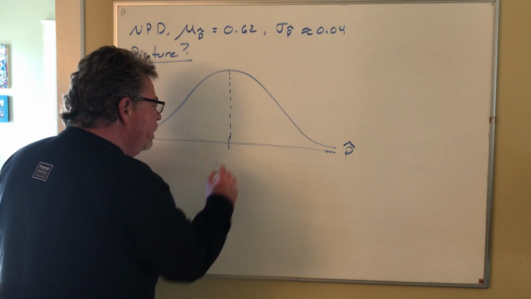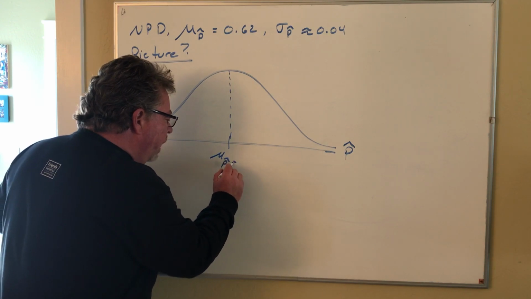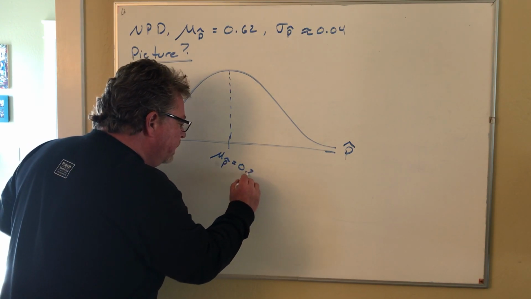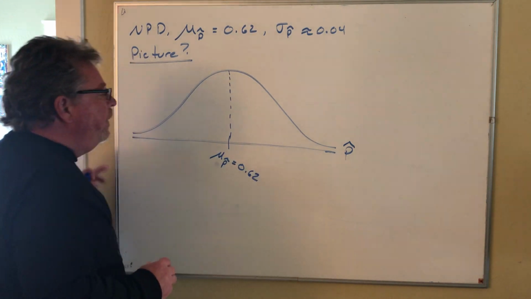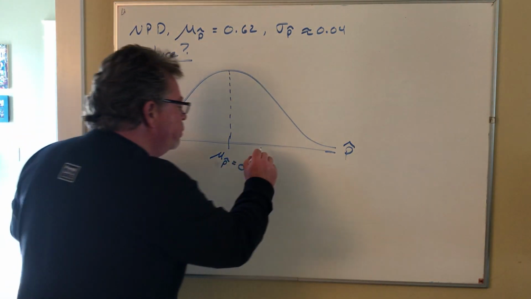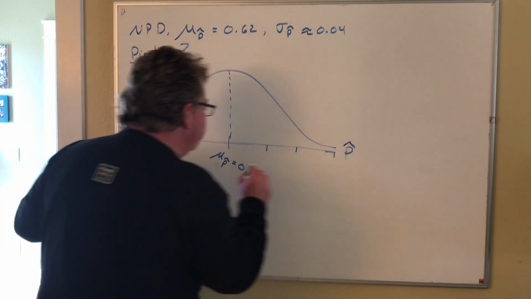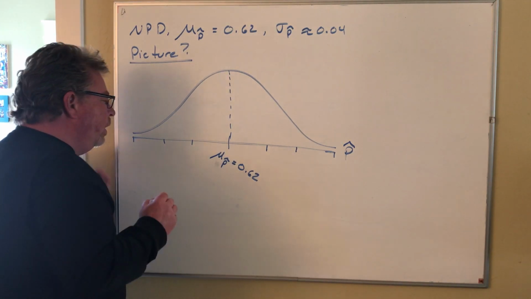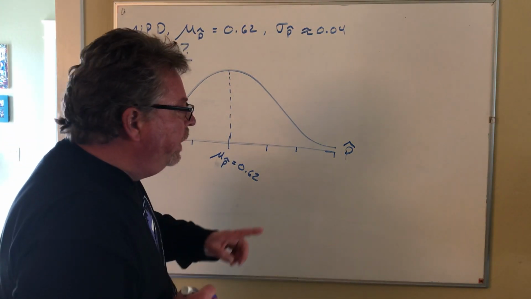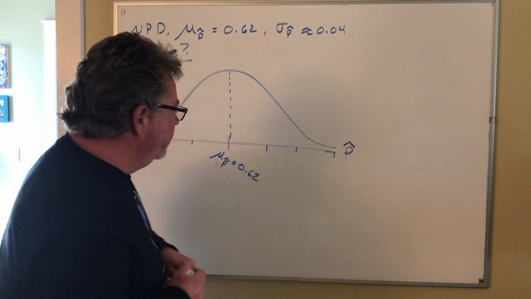All right, so let's come in here with our mean. Our mean is right here. This is going to be mu sub p hat, and that's our 0.62. And then, of course, with a nice normal distribution, we're going to indicate 1, 2, 3 standard deviations either way. And it's important that you remember that these are increments of 0.04 or 4%.